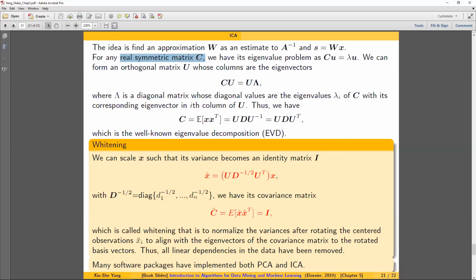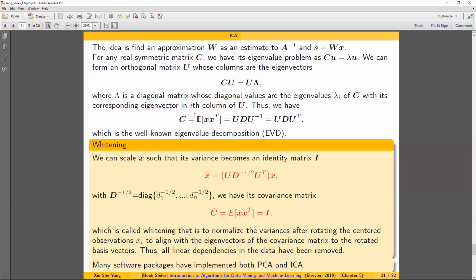For any real matrix C, CU equals U alpha, where alpha is a diagonal matrix whose diagonal values are the eigenvalues lambda i of C, and the corresponding eigenvectors put together make up the larger U.